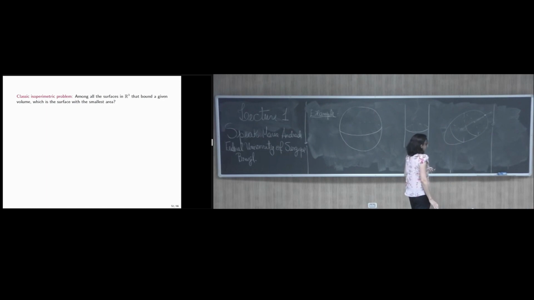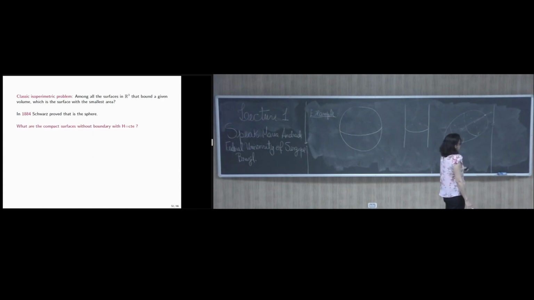In fact, Schwarz proved that this best surface is the sphere. After, you can ask about compact surfaces without boundary with constant mean curvature.